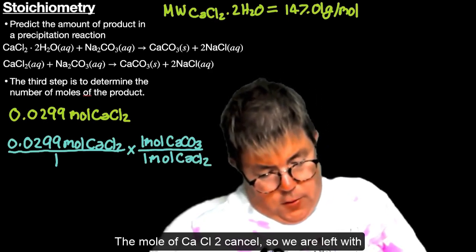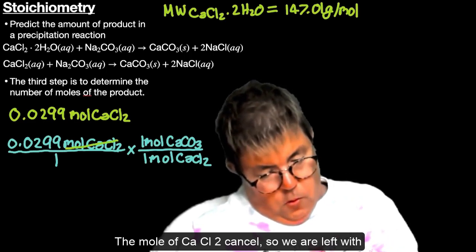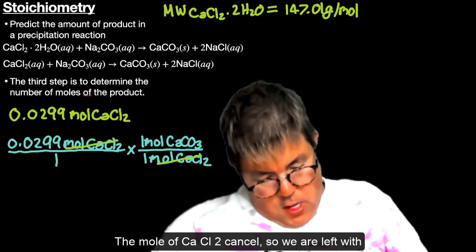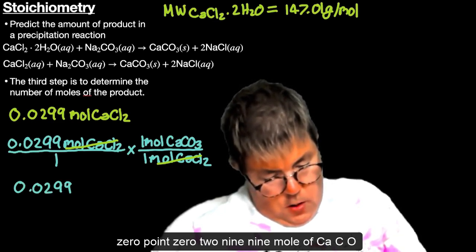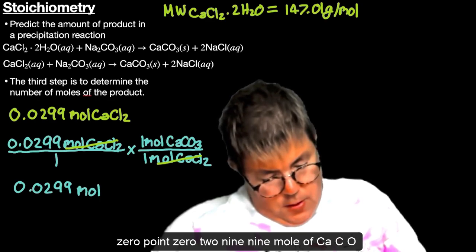The moles of CaCl2 cancel, so we are left with 0.0299 mole of CaCO3.